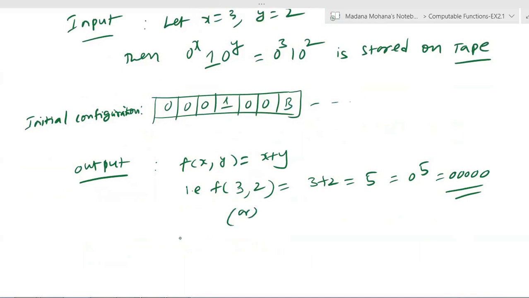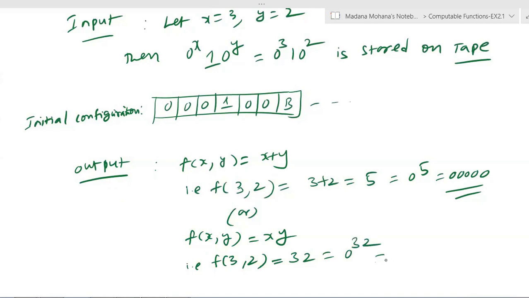Or if you take concatenation, f of x comma y equal to xy. That is f of 3 comma 2 equal to 3, 2. So this can be represented as 0 power 3, 2, that means 3 zeros, 2 zeros. So here you can combine all the zeros. Finally, you will get 0 power 5 only.